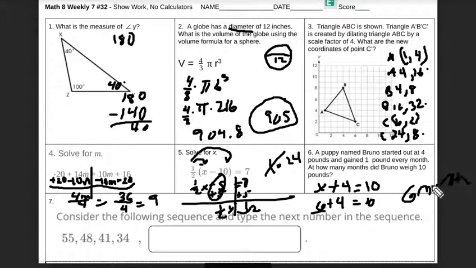Oh boy. All right, here we go. Consider the following sequence, and we need to figure out what the pattern is, okay? So I try to figure out what is my distance here. That would be -7. What's my distance here? -7. What's my distance here? -7. So we need to take our 34, okay?